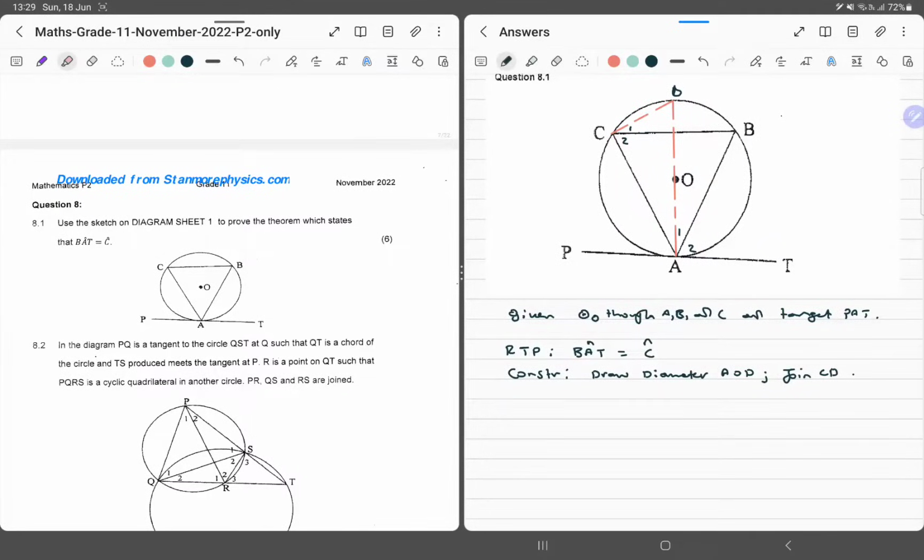So you just number things as we go. Maybe we can say such that C is divided into C1 and C2, and A is divided into A1 and A2.